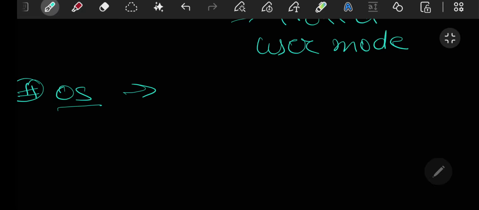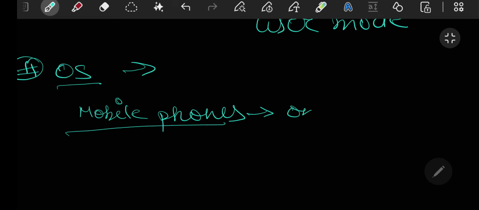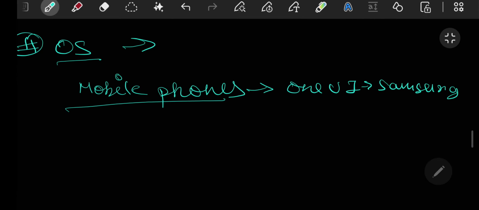First, we have heard of many operating systems on our mobile phone. First of all, there are skins we use, like One UI, which is Samsung's, or iOS, the iPhone's operating system. iOS is another thing.